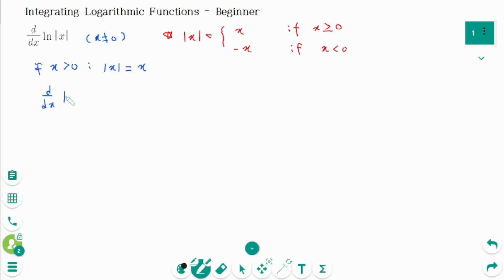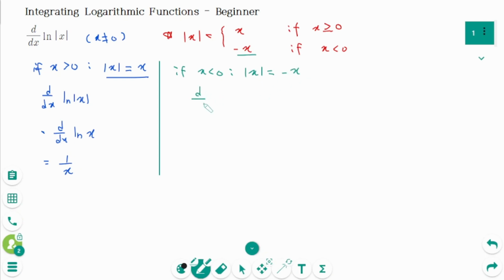d/dx of ln absolute value of x is d/dx of ln x. The answer is 1 over x. If x is less than 0, that means the absolute value of x equals minus x. d/dx of ln absolute value of x equals d/dx of ln of minus x.